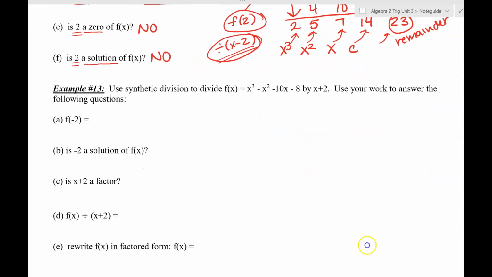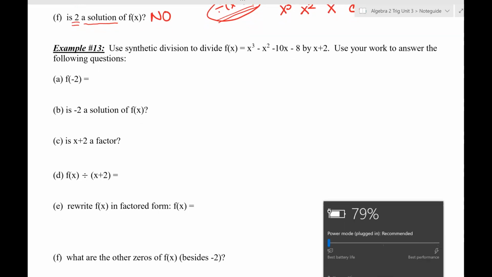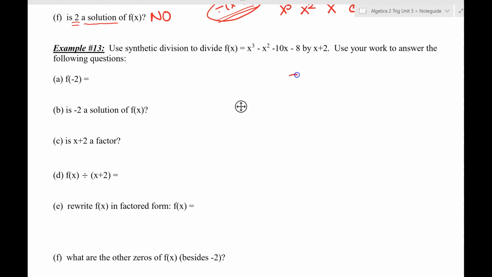When we look at example 13, first it says use synthetic division to divide this by this and use our work to answer the question. For this synthetic division process, -2 would be our value in the box because that would be the 0 of x plus 2. And our lead coefficients would be 1x cubed, -1x squared, -10x, and -8.